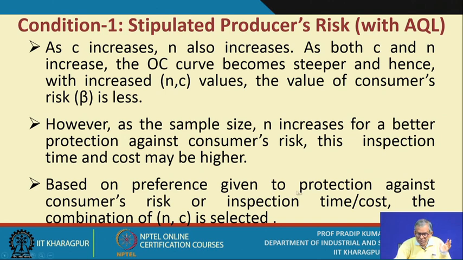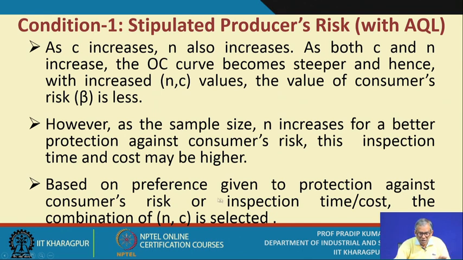So based on preference given to protection against consumer risk, the protection against consumer risk will be very high if the sample size is more. But again, if the sample size is more, the inspection time or the inspection cost may be higher.